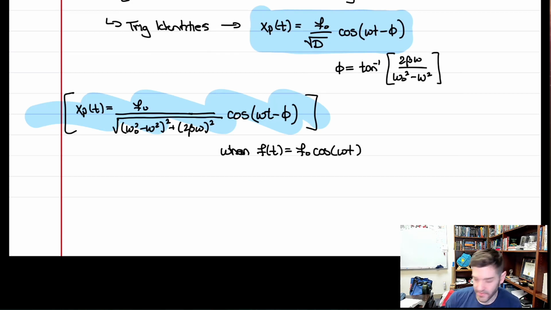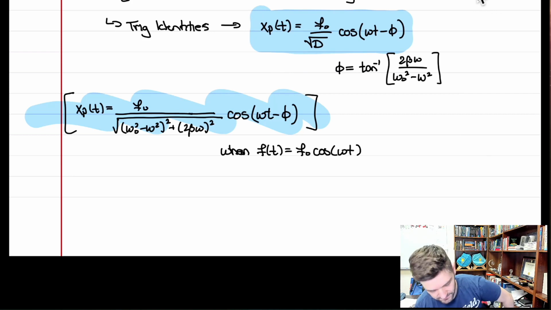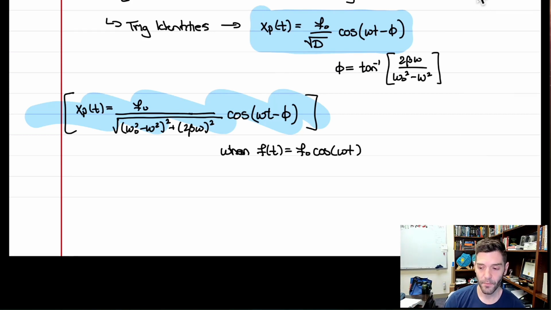Now, there are a couple of reasons why this is going to be super, super helpful. Particularly, we're going to be able to see that for more general periodic driving forces that aren't just simple sines and cosines, we're still going to be able to write things in terms of a bunch of sines and cosines.